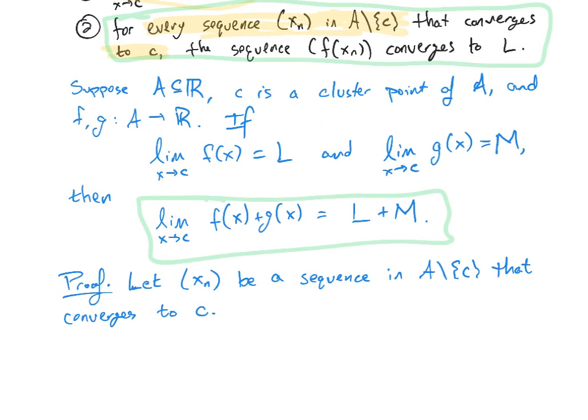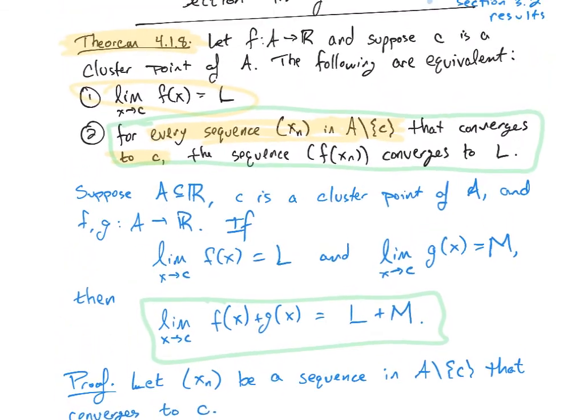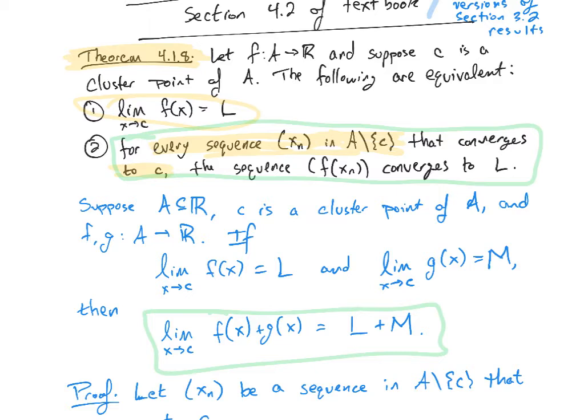We know the limit of f and the limit of g. And now we go up to our theorem connecting functions to sequences. That means that we know that the sequence f of xn converges to L, and the sequence g of xn converges to M.